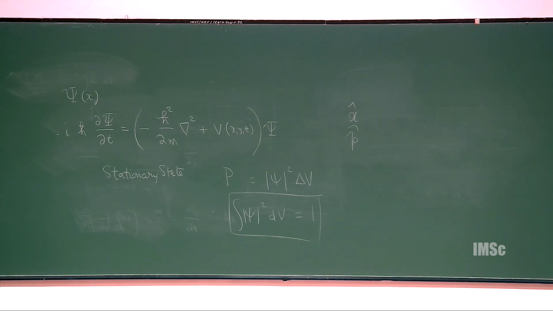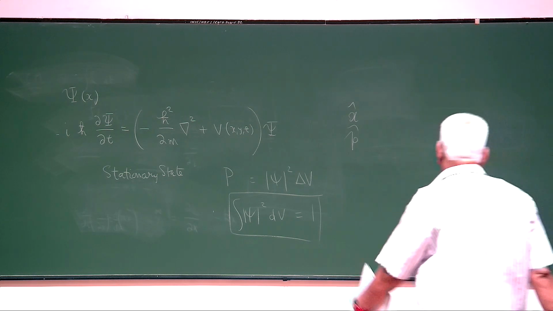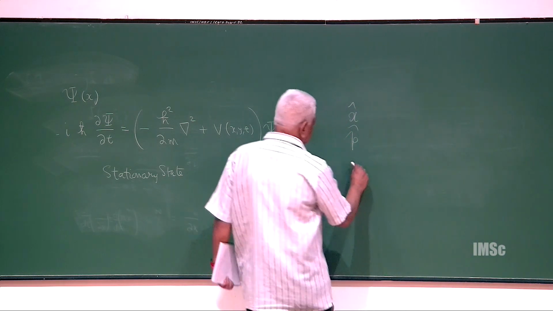Now, for these two operators, normally in classical mechanics xp minus px is the same. It doesn't matter. They are all numbers. So that will be 0. Now he wants to take it to a next level, and the next level is they obey a relation.